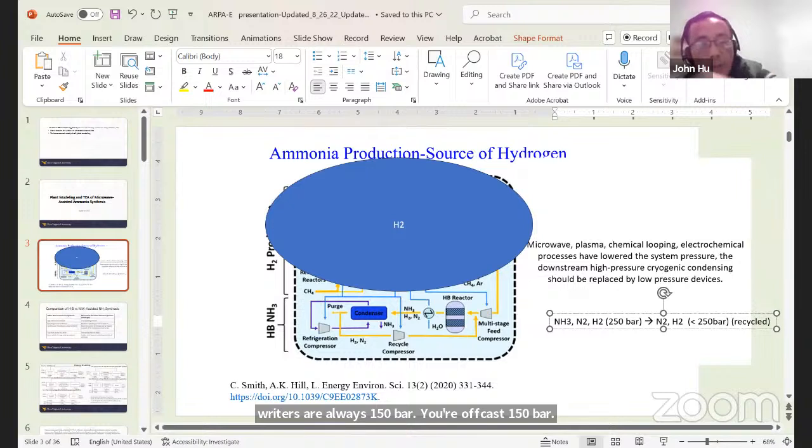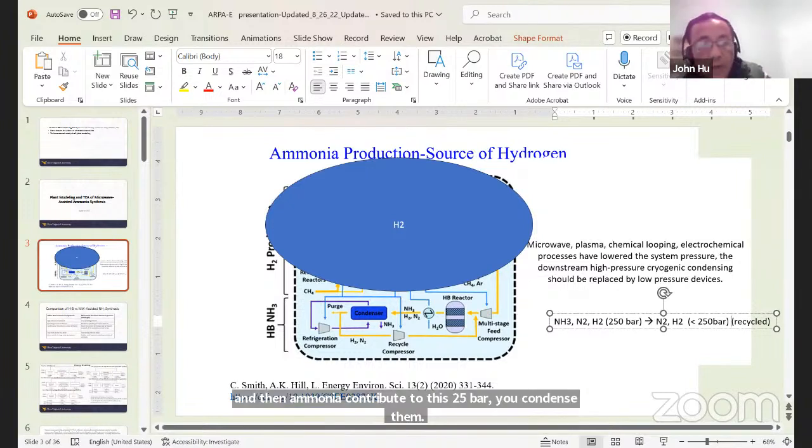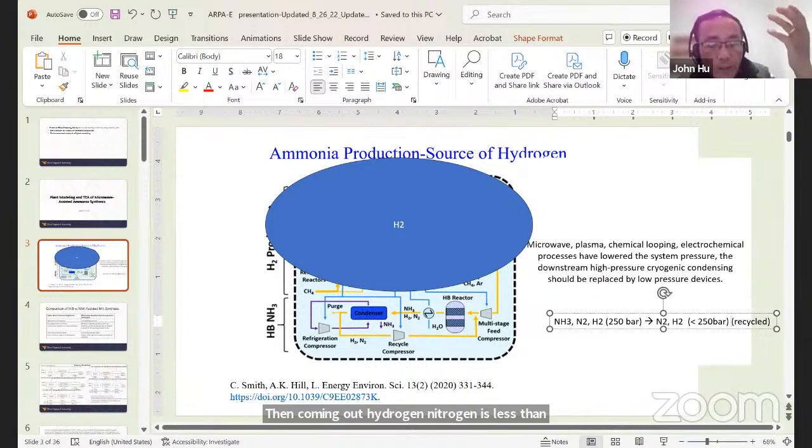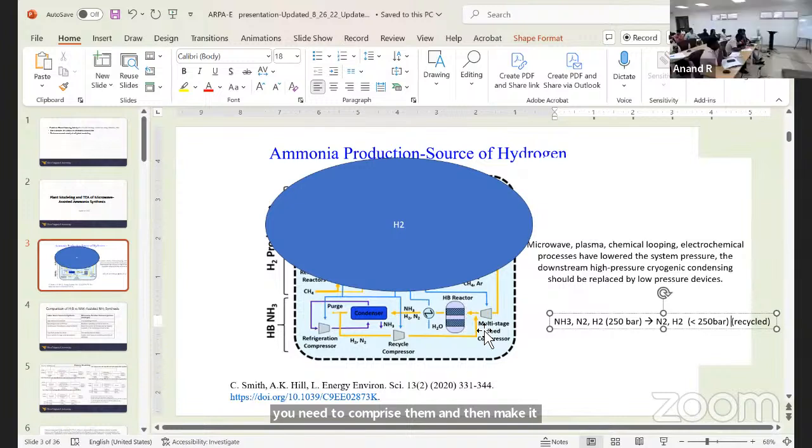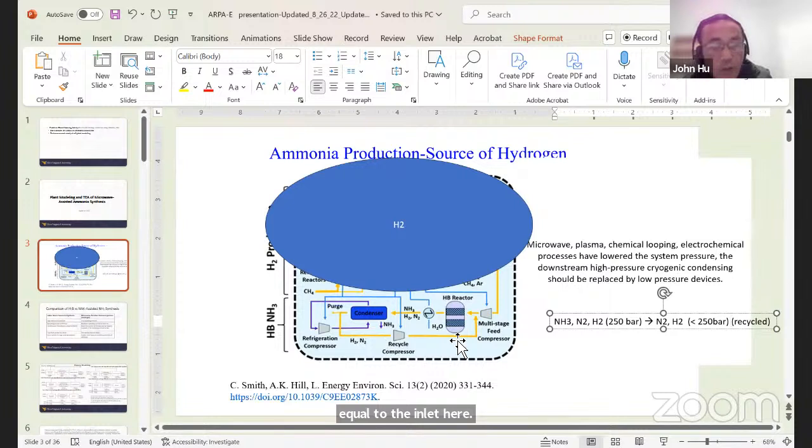You condense it, then the hydrogen and nitrogen coming out are less than 250 bar. Of course, you need to compress them to make them equal to the inlet here. That's why you need a lot of condensing, recompression, condensing, recompression. So that's the Haber-Bosch process.